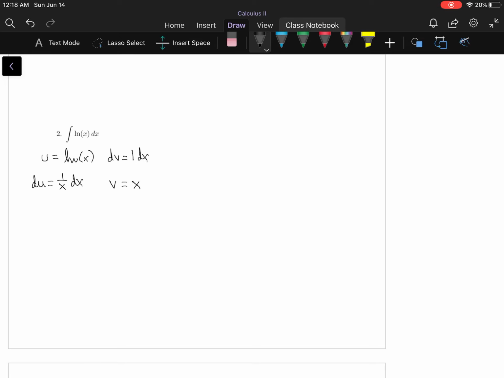So now when we integrate, u times v gives us x times the natural log of x minus the integral of v du.